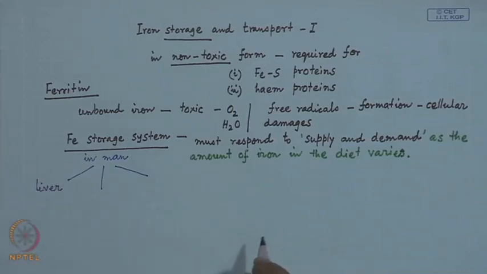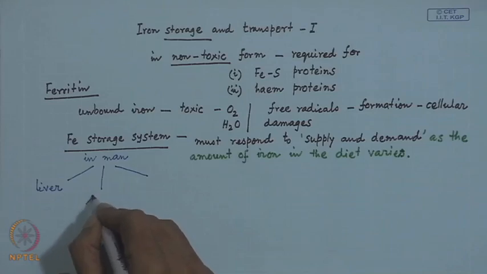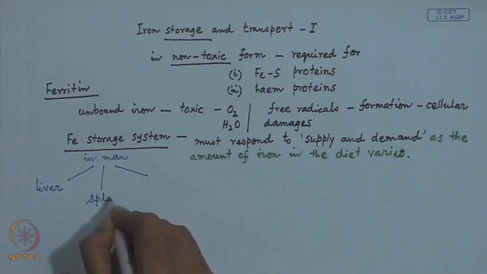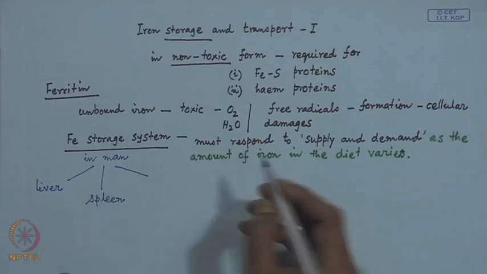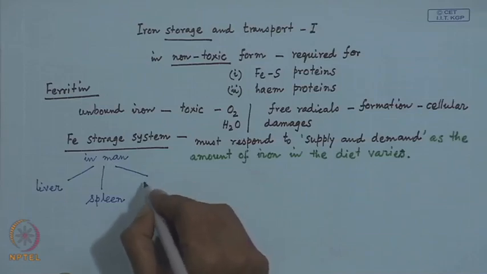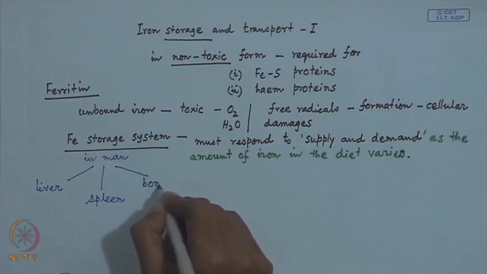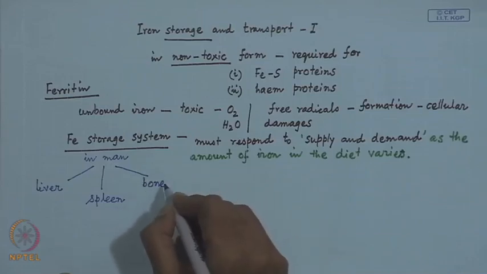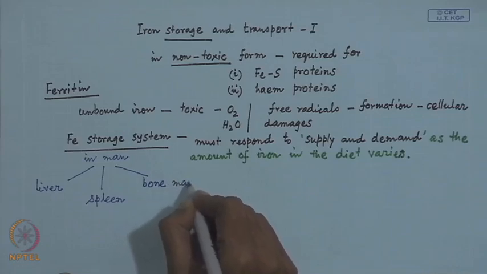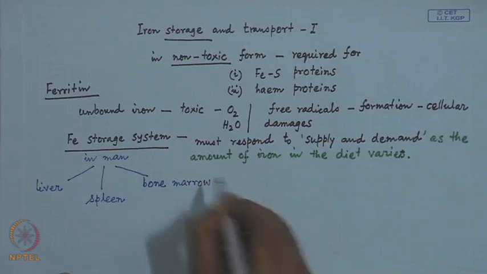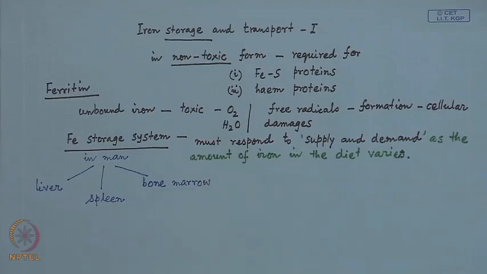One is the liver, another is the spleen, and the third, most important place, where the synthesis of the hemoglobin molecule takes place, is the bone marrow.